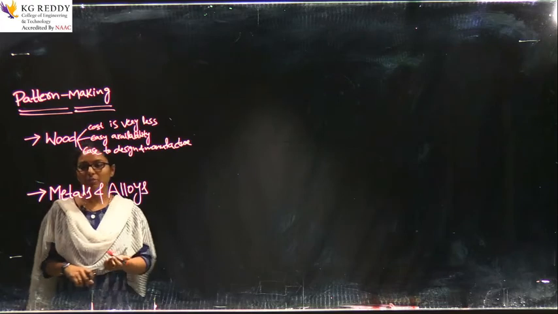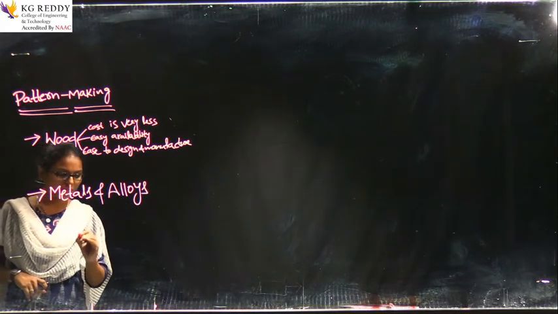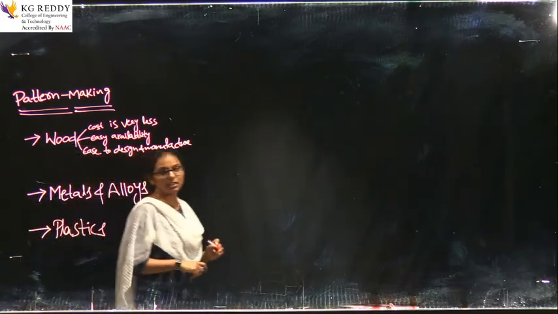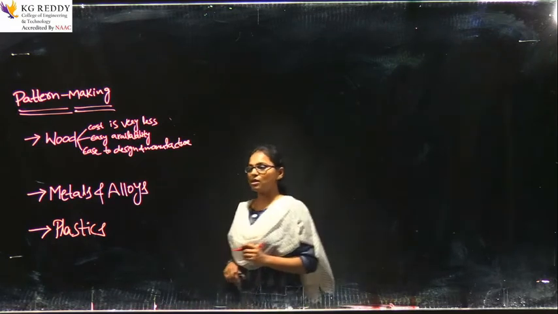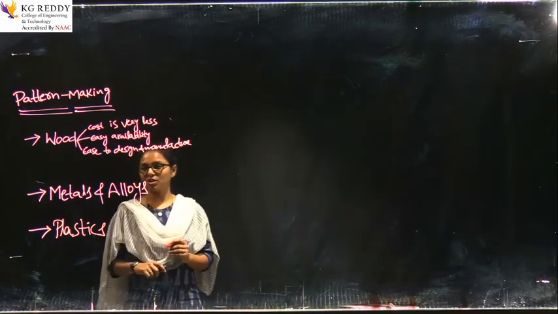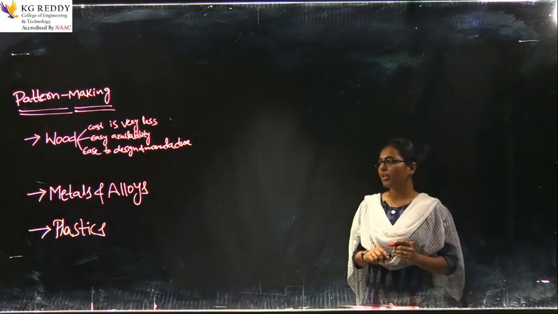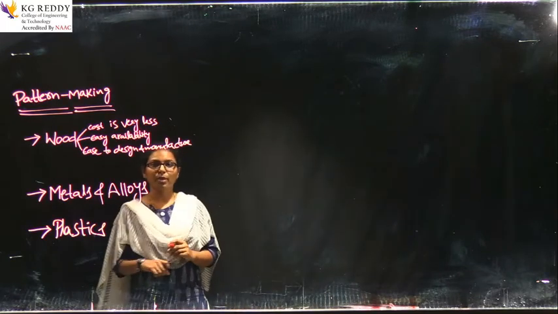The next one is plastics. This is the third type of pattern material. Plastics, like wood, are very cheap, and another major advantage is that we can make any shape using plastics, it is very easy to use and very light in weight.